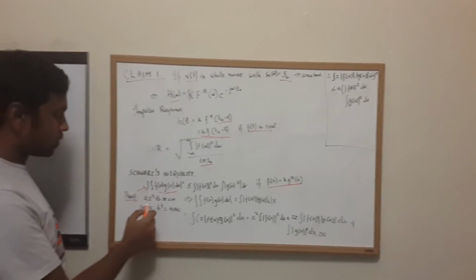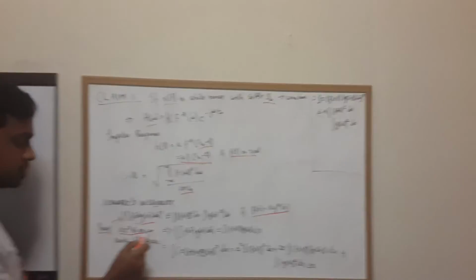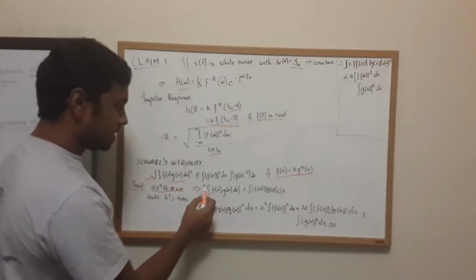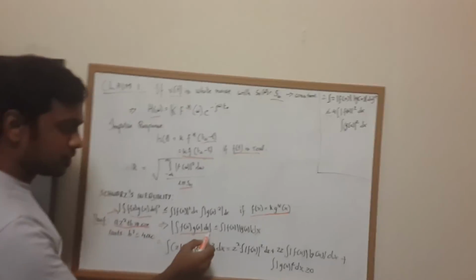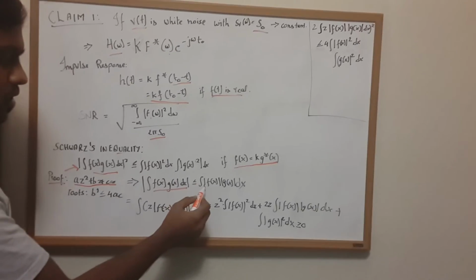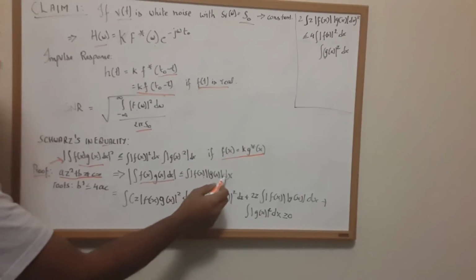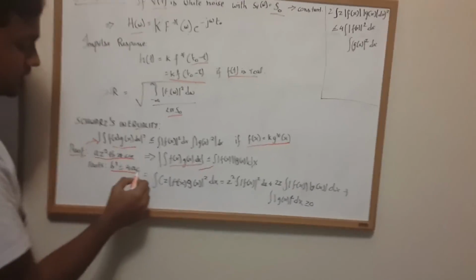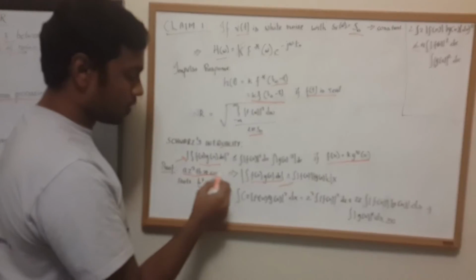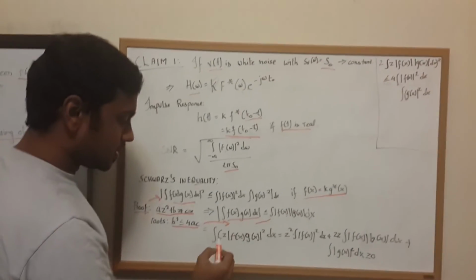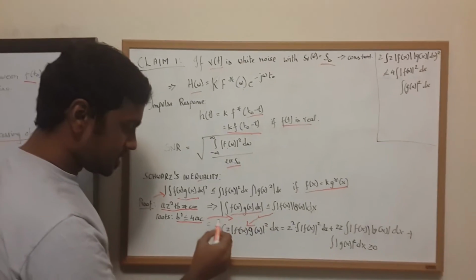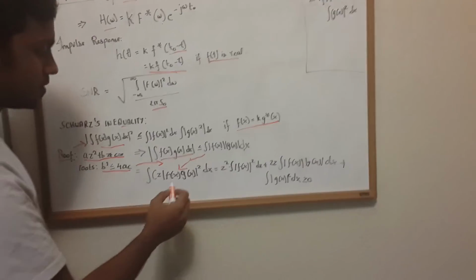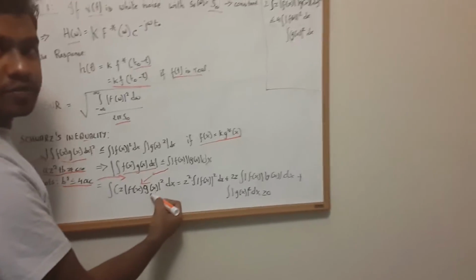Now let us take a quadratic equation as an example. A z squared plus b z plus c equal to 0. So we can convert this equation into this form, which is given by modulus integral f of x g of x dx less than or equal to integral modulus of f of x into modulus of g of x dx. So this is given by this equation, b squared is less than or equal to 4ac, which is given by the roots of the quadratic equation. So this in turn gives rise to integral of modulus of z f of x plus g of x the whole square dx, now we are expanding this using the formula a plus b the whole square.